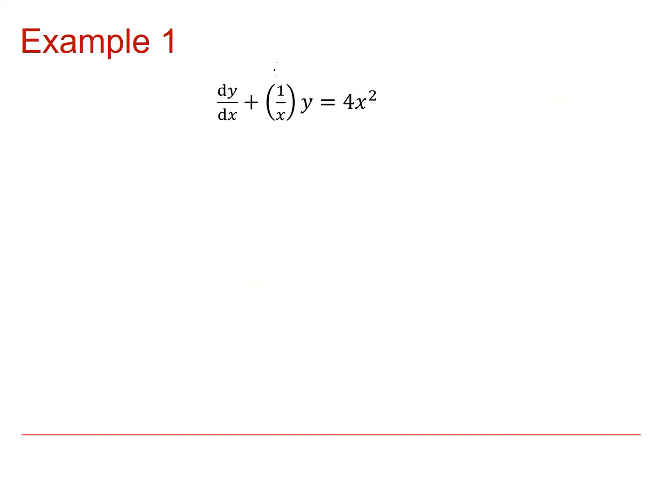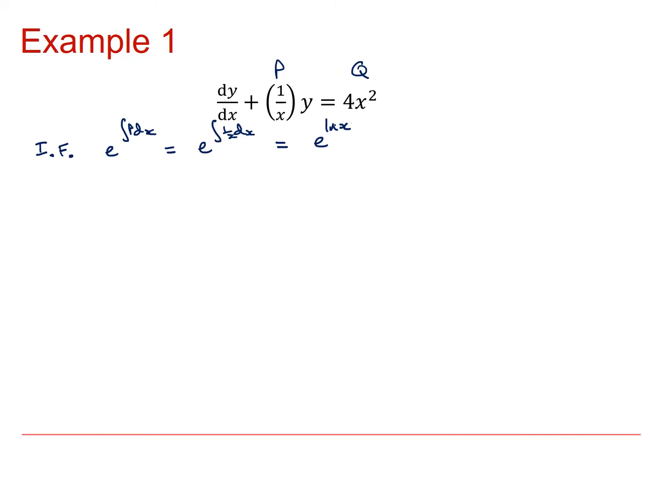Okay, let's have a look at this example. If I think of this function 1 over x as being the p and this function over here as being the q, then my integrating factor is e to the integral p dx, which is e to the integral 1 over x dx, which is e to the log x.